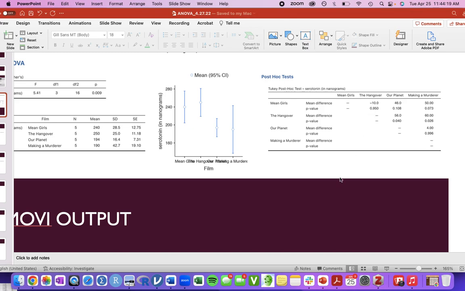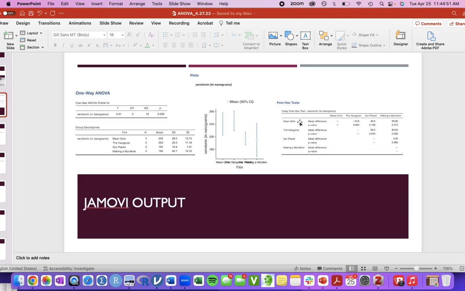If that is below 0.05, it will be significant. Here we have 0.95, so that means that this comparison is not significant. Here, when we compare The Hangover to Our Planet, for example, we see a p-value of 0.04. 0.04 is lower than our alpha of 0.05, which means this is significant. So that tells us where the significant difference lies that we picked up on with our ANOVA.